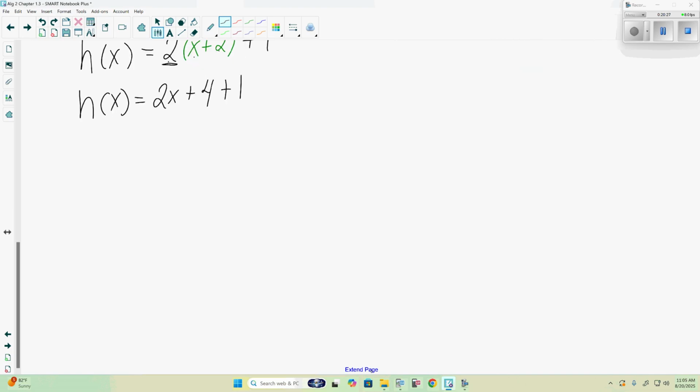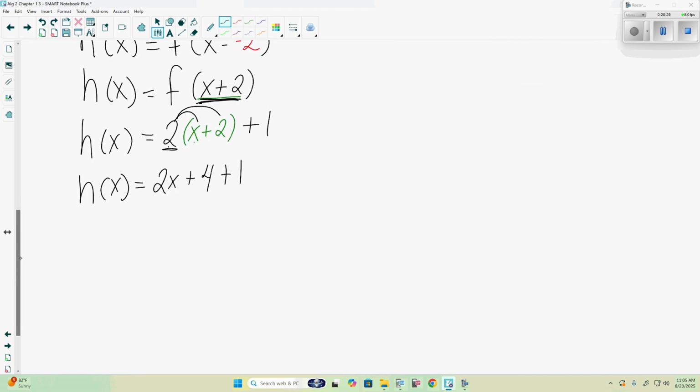Now we do have like terms. Our 4 plus 1 gives us 5, telling us that our new function, the function that moved everything 2 units to the left, is going to be 2x plus 5. Questions on this here?